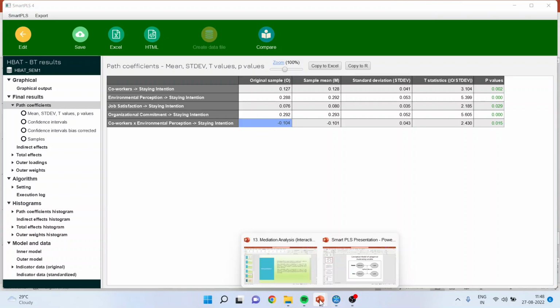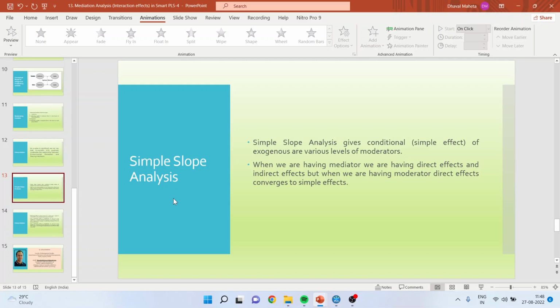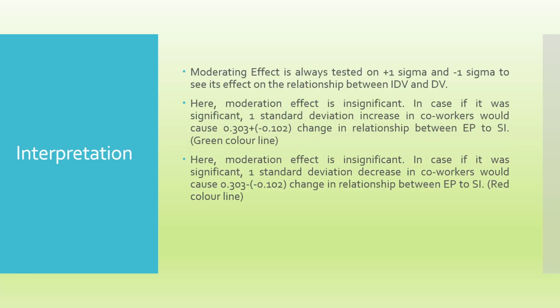Now, how to write the interpretation? So, simple slope analysis gives a conditional, that is a simple effect of exogenous at the various levels of the moderator. Now, moderation effect is always tested on ±1 sigma, and we want to see is moderation effect present even if we give +1 standard deviation shock to the mean or -1 standard deviation to the mean.